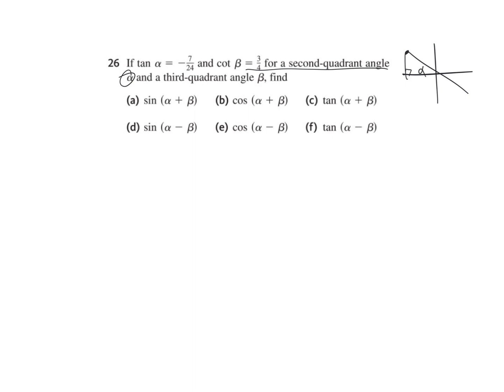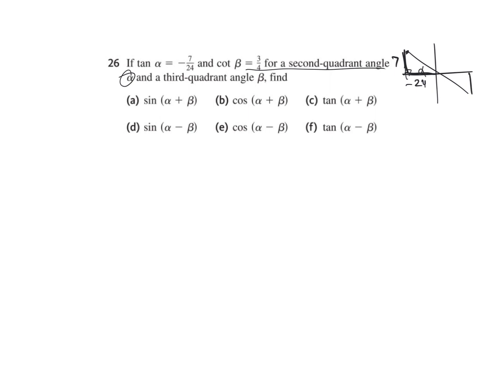So alpha, tangent is opposite over adjacent. I'm sorry, that's +7. That's a -24. Let me just erase that. +7, and your x is -24.